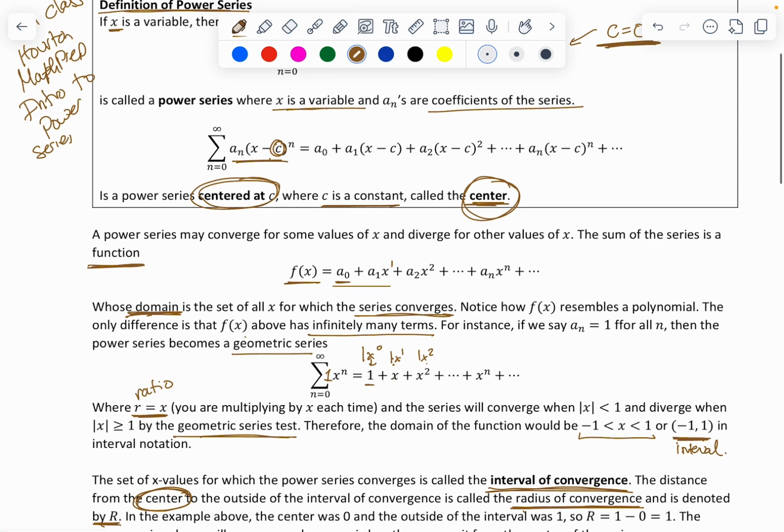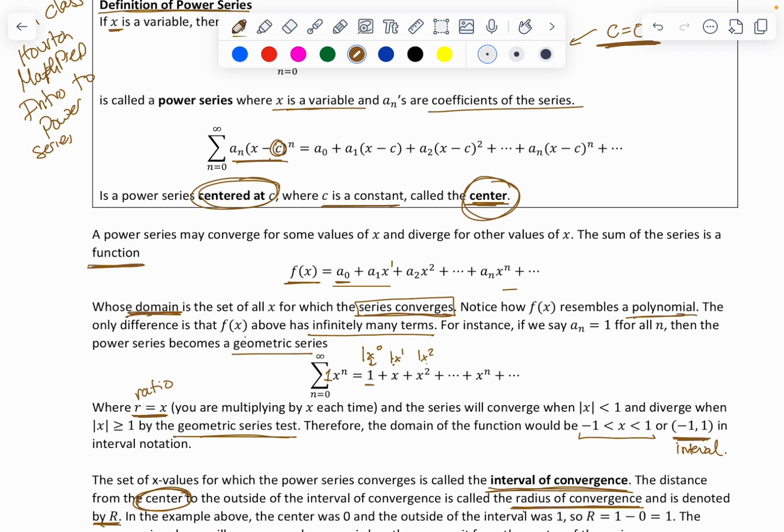And when you have a function, it has a domain. The domain for this thing that looks like a polynomial is the set of all x's where the series does converge. The only difference is that f of x above has infinitely many terms compared to a polynomial.